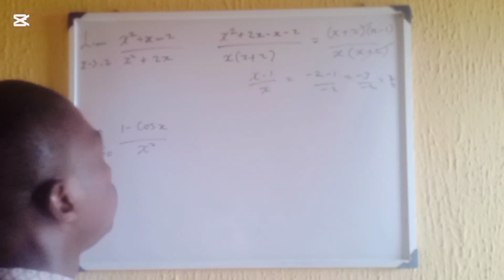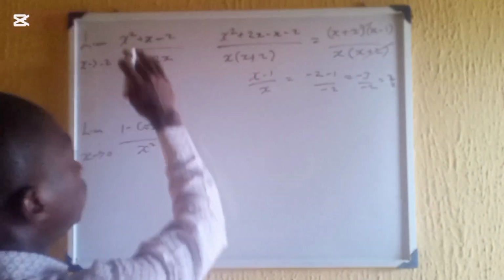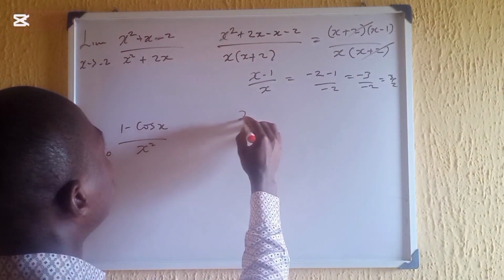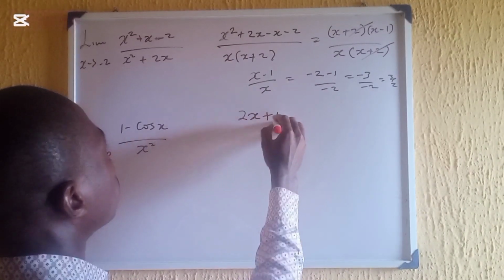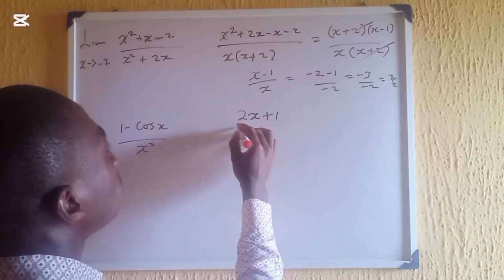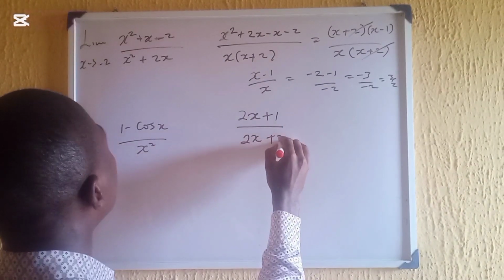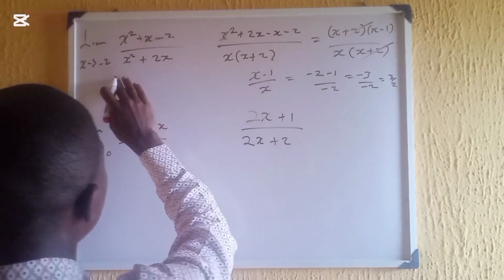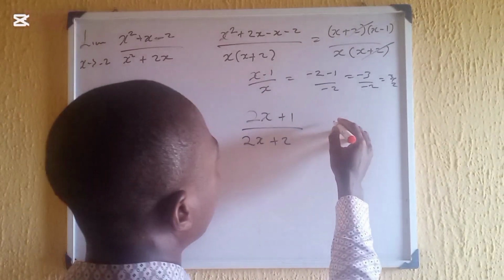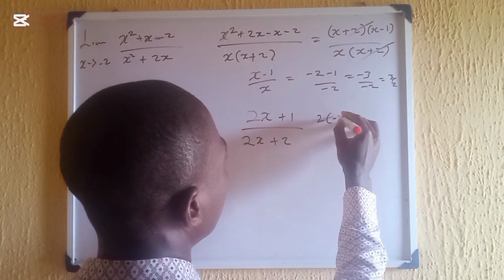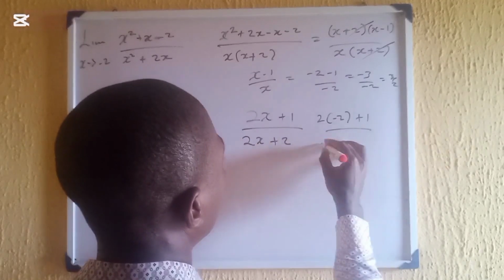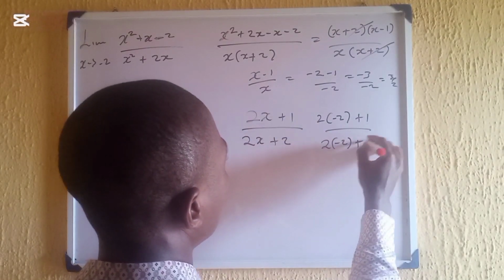Now let's try this using L'Hopital's rule. Differentiate the numerator, you'll be having 2x plus 1. Then differentiate the denominator, you'll be having 2x plus 2. Now substitute for x, you'll be having 2 into minus 2 plus 1 over 2 into minus 2 plus 2.